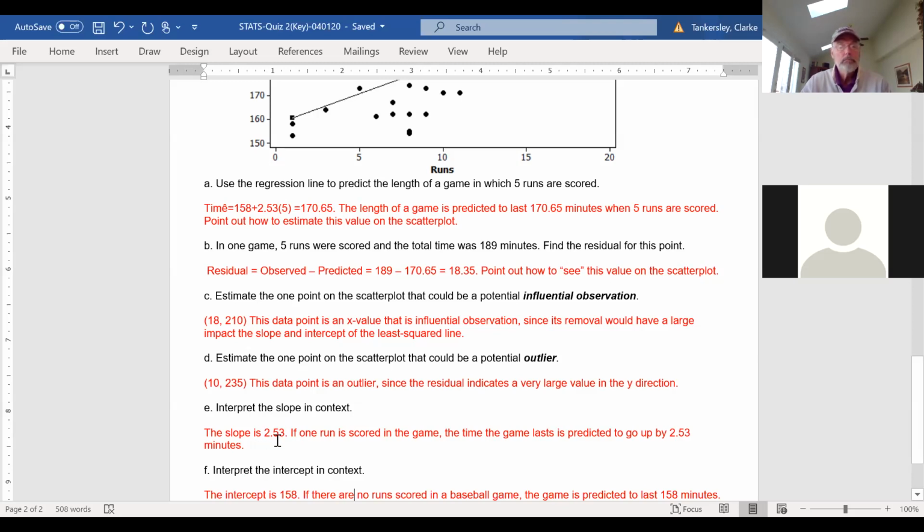So one run scored adds 2.53 to the game with an intercept of 158. I tried to use my best composition. If one run is scored in the game, the time the game lasts is predicted to go up by 2.53 minutes.